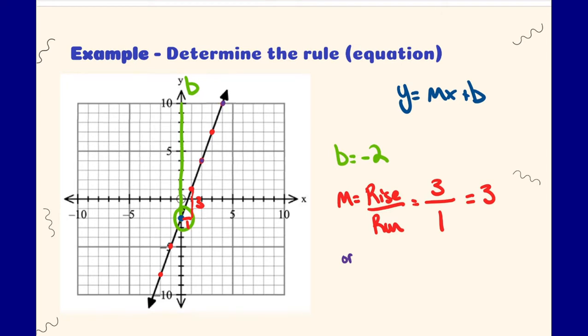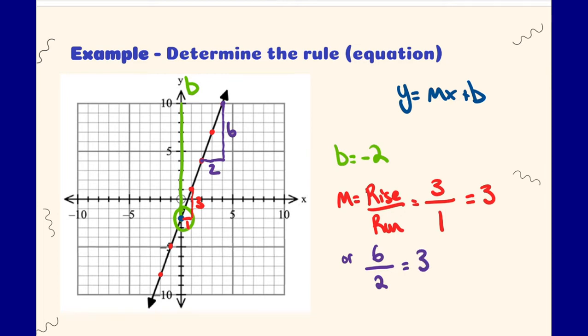So from one point to the next, I go over 1, 2. So my run is 2. My rise is 1, 2, 3, 4, 5, 6. My rise is 6, so 6 divided by 2, which reduces to 3.